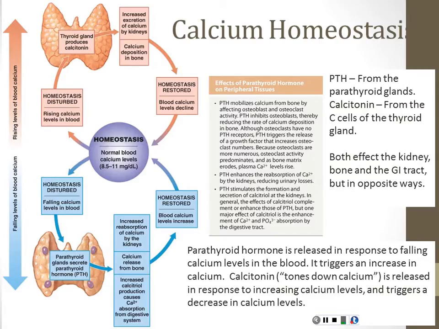When parathyroid hormone is increasing calcium levels, one of the ways it does that is by stimulating osteoclasts to break bone down and release the calcium. Calcitonin does the opposite. It stimulates osteoblasts to make bone, and that decreases blood calcium levels. All the time, bone is being made and bone is being dissolved.